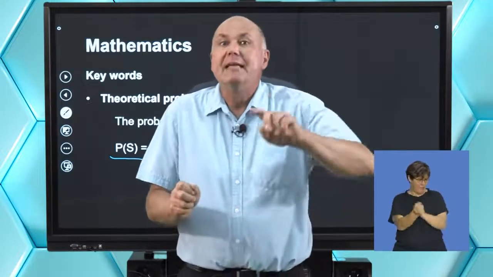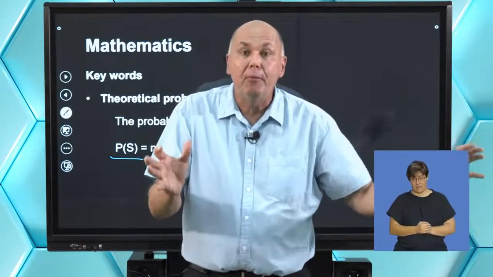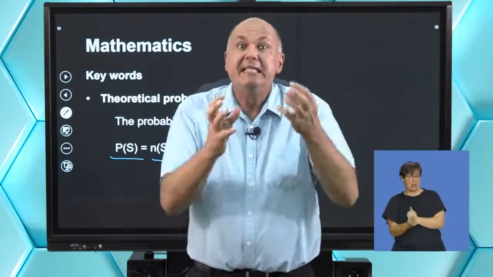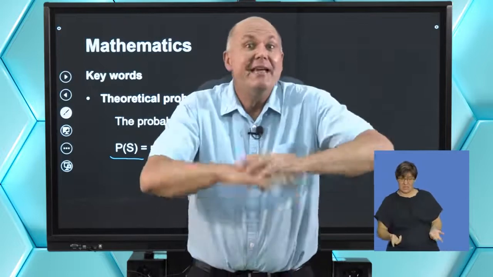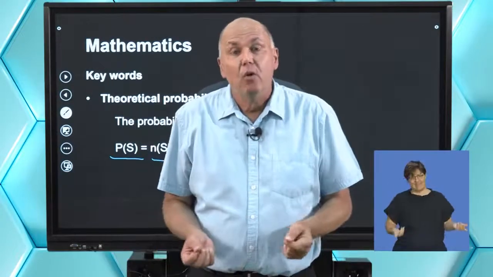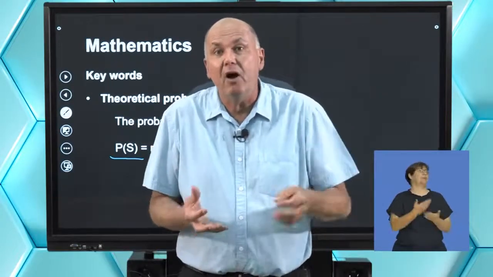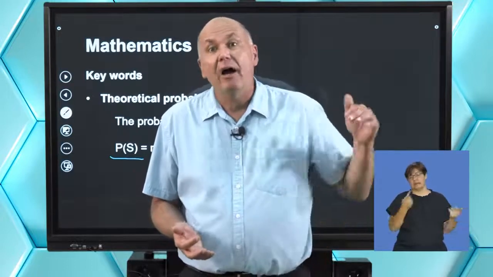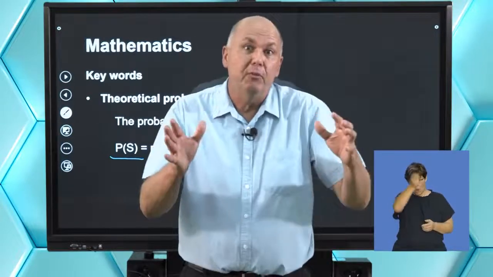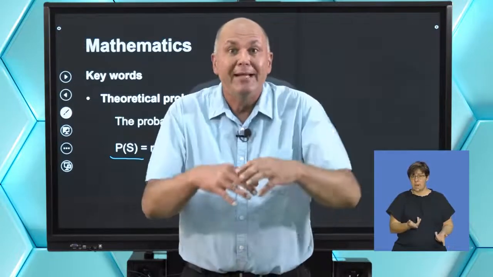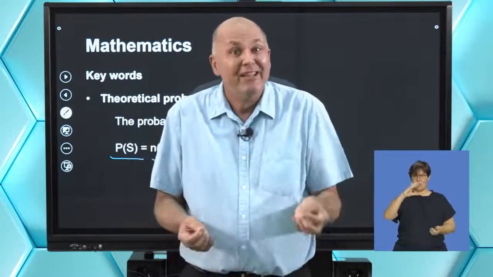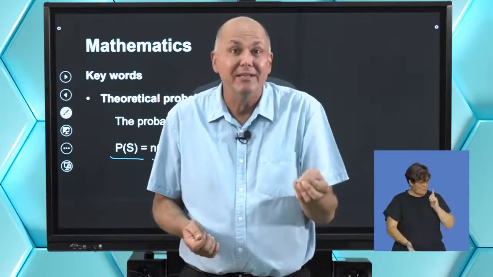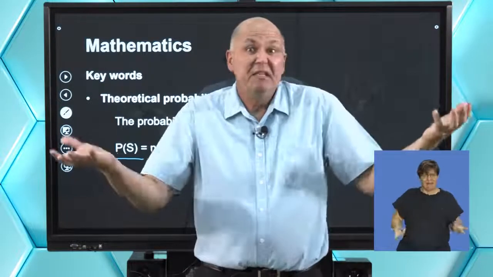Of course, if the probability of something happening is 0, what do you think that tells us? Well, it's never going to happen. It's like, what's the probability of finding a unicorn? We don't want to disappoint too many people, but in terms of what we currently know, there's no chance.